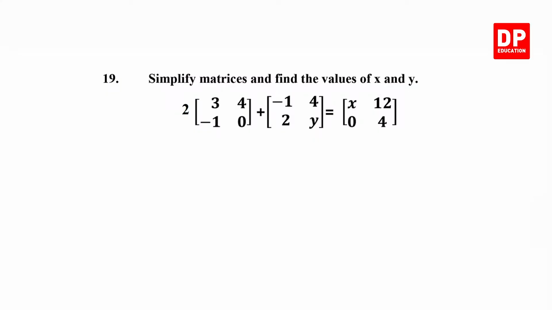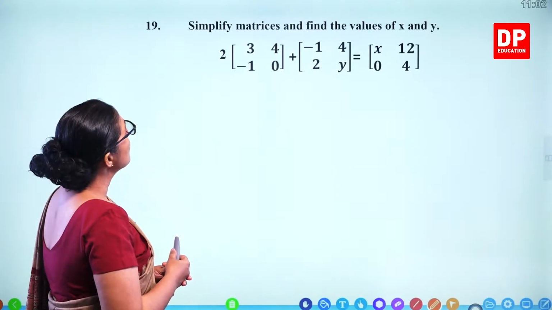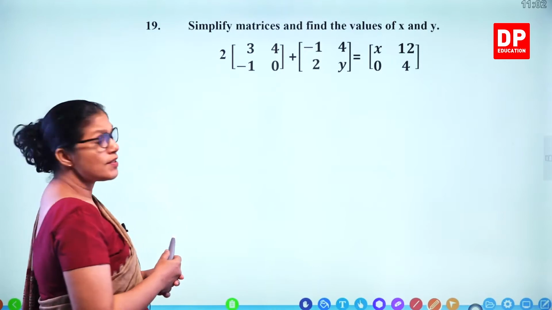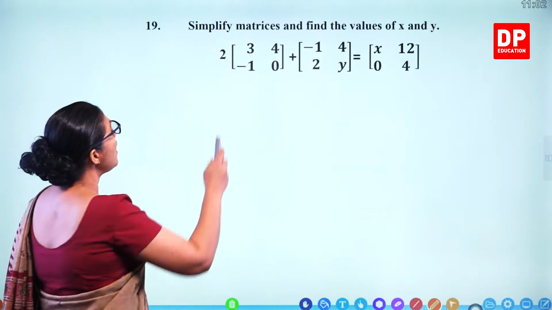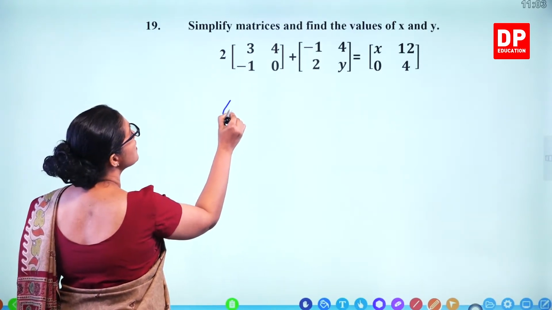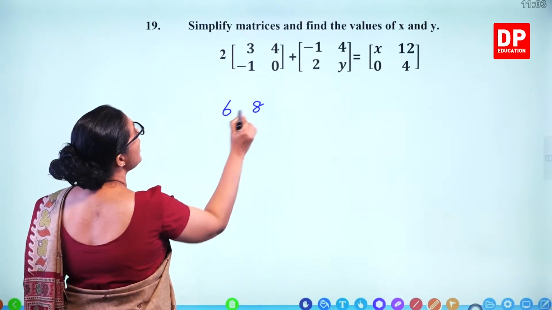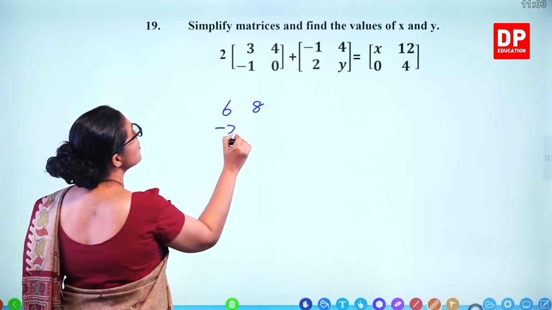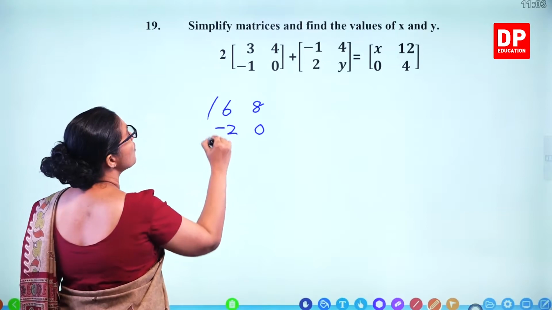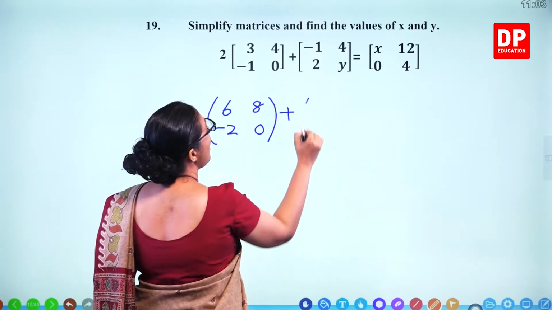Question number 19. Simplify matrices and find the values of x and y. So here 2 is there outside. So first you have to multiply all elements by 2. 2 times 3 is 6. 2 times 4, 8. 2 times minus 1, minus 2. 2 times 0, 0. That one add with this.